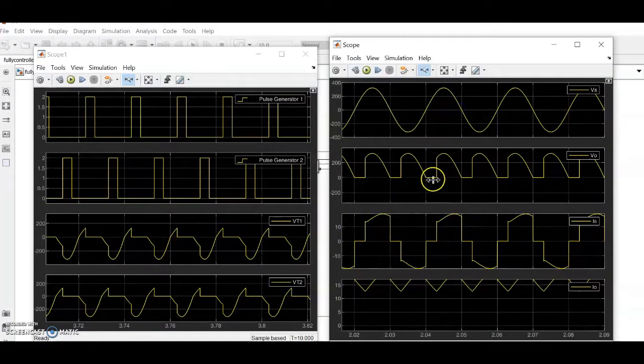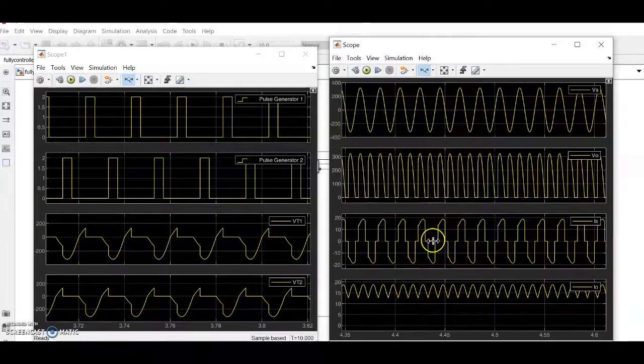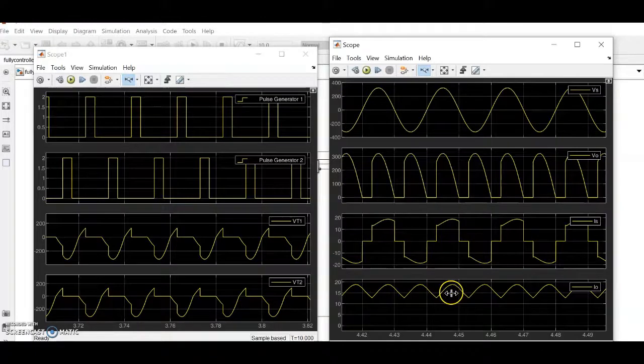The output voltage is getting truncated, the negative cycles are truncated, and this is the source current. This is the source current, this is the output current. We are getting what we expected, no?